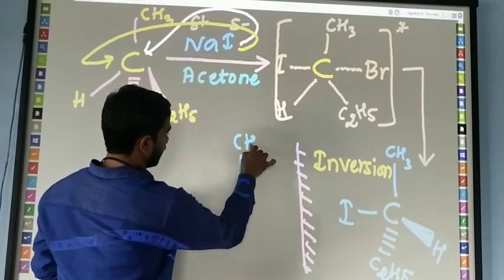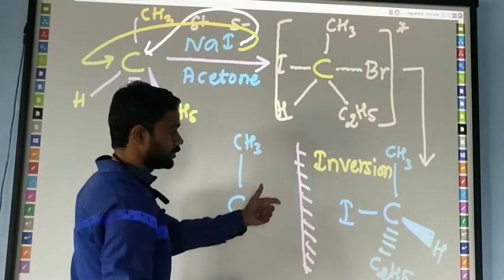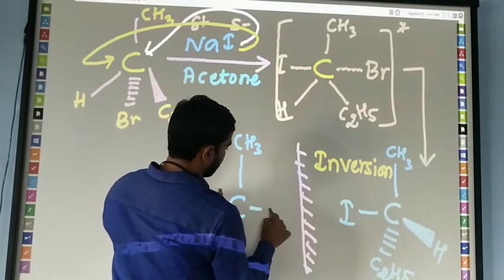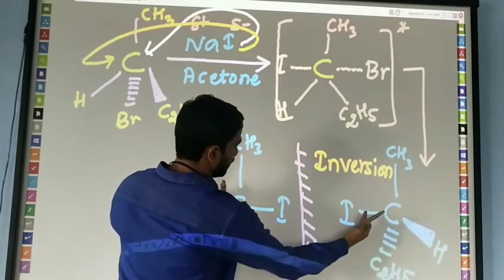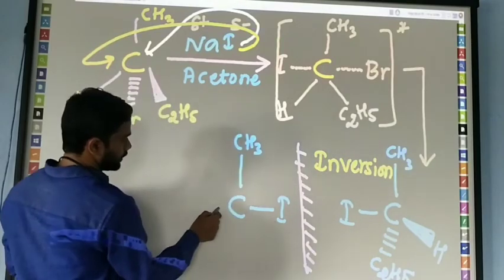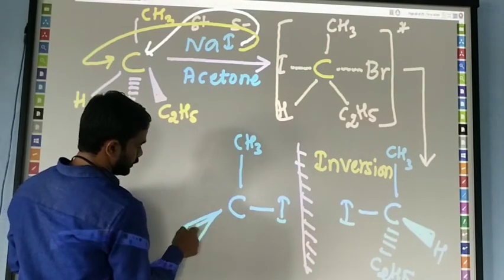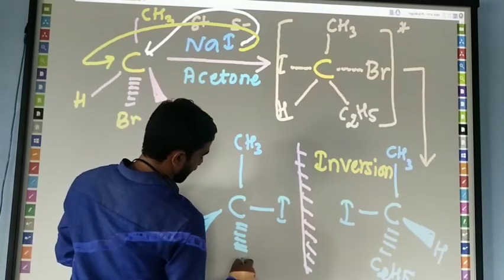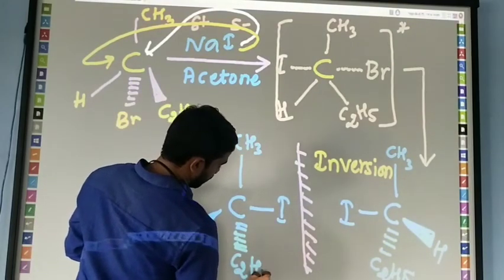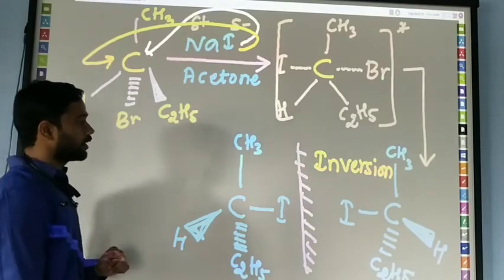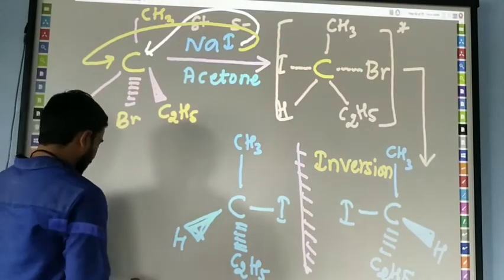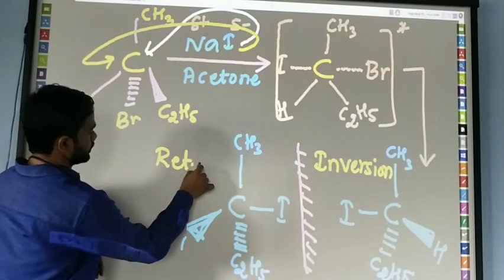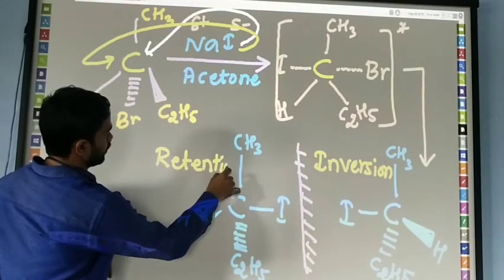Because it is planar, there is no change in the stereochemistry. The iodine present here is going to be present like this, just the mirror image. In the wedge position there is a hydrogen here, and in the dash position we have the ethyl. This is your retention product.